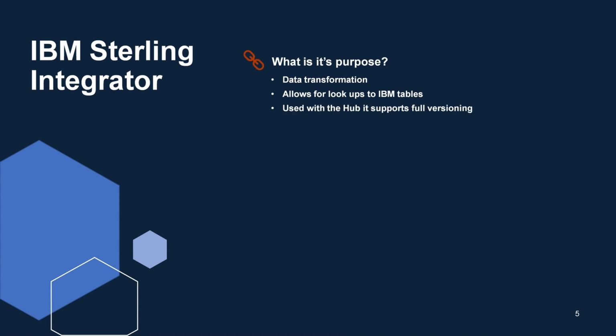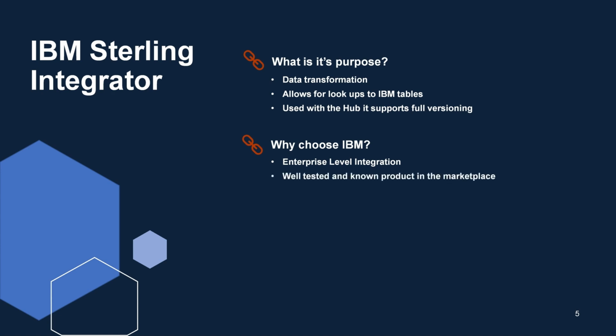And used with the hub, it supports full version control. So why choose IBM? Well, it's really an enterprise level integration platform. It's well tested, it's been around for many years, and it's a well-known product in the marketplace.